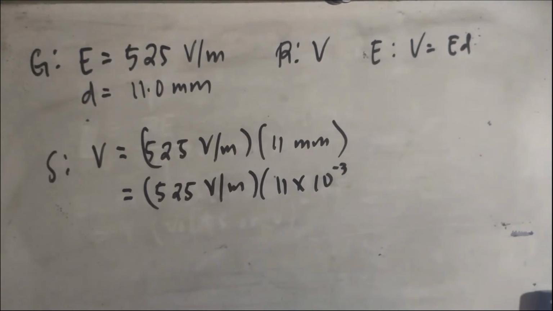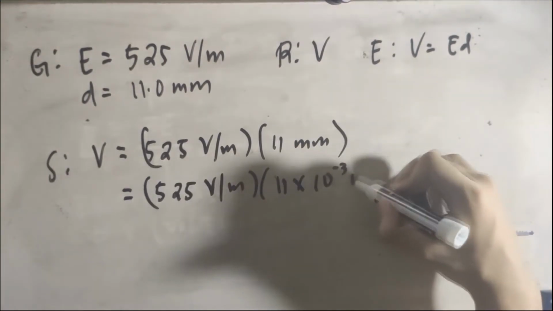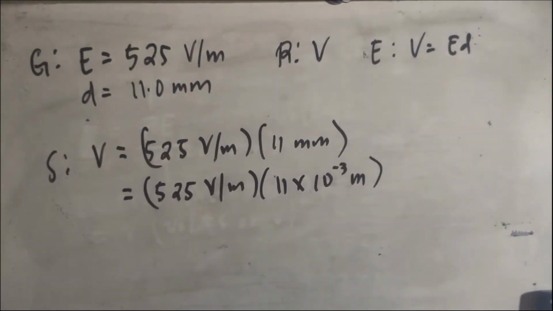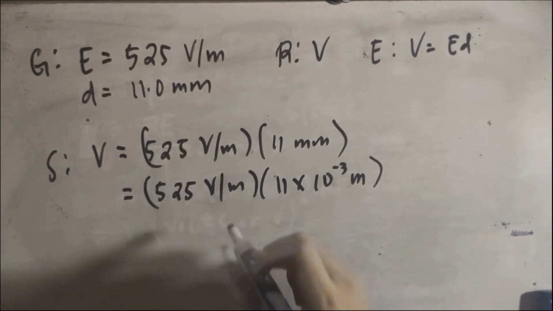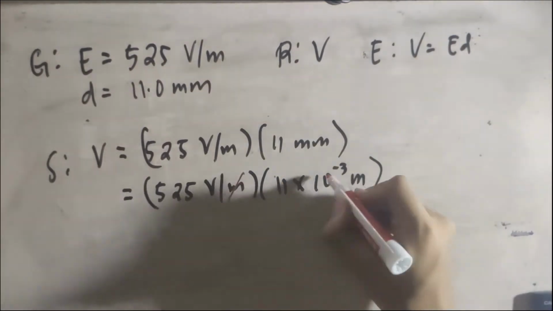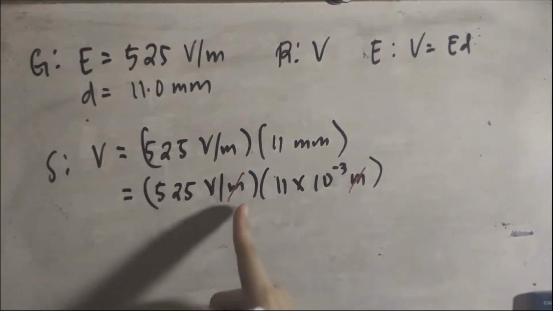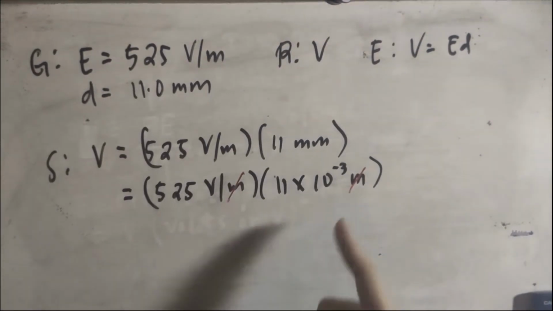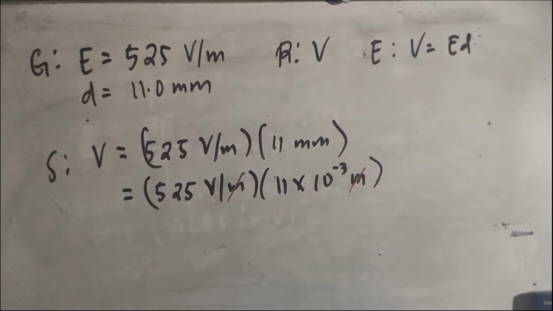This is the multiplier for milli, times meters. Then we can cancel the meters, since one is in the denominator and the other is in the numerator.